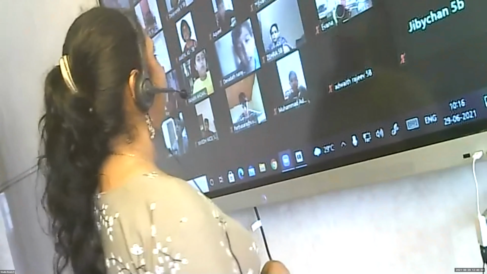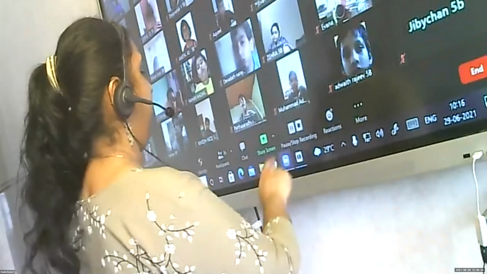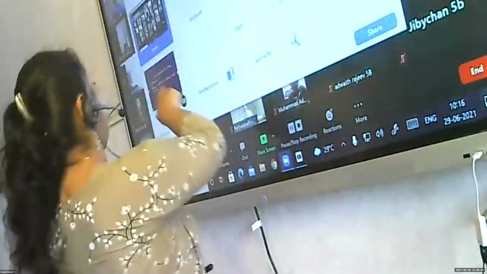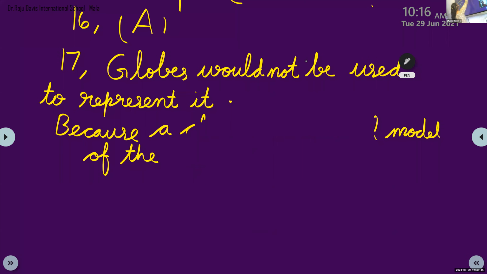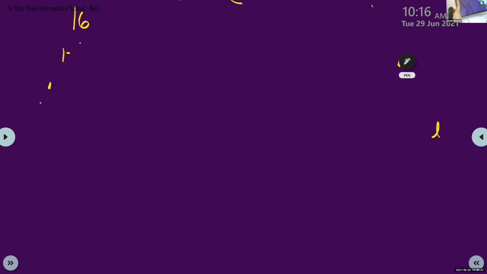Any difficulty? We can write down the answer. Maps are easy to carry. Shall I rub the board? Yes, ma'am. Okay. Number 18. While visiting a new place, what does a traveler use?